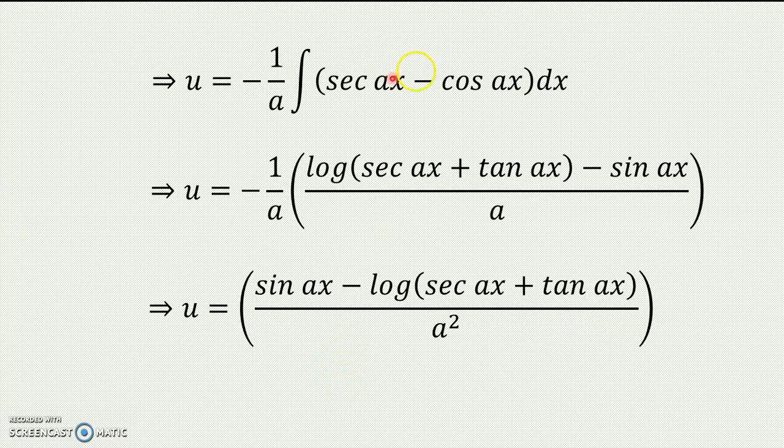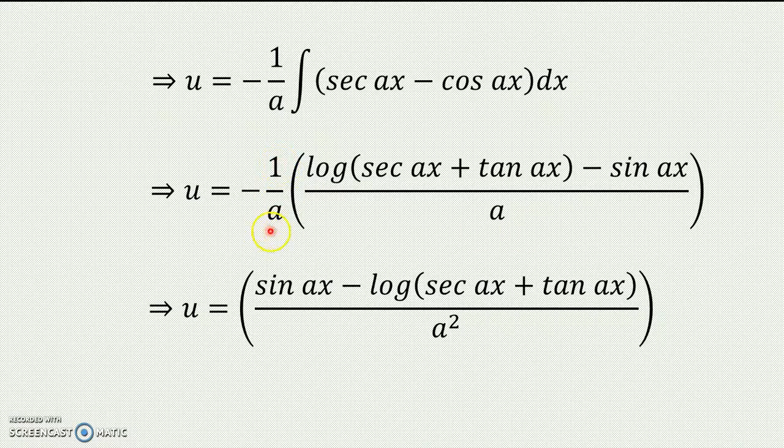But 1 upon cos can be written as sec x minus cos of x, dx. We know that the integration of sec x is log of sec x plus tan x, minus the integration of cos, which is sine of x, divided by this a, which is a constant outside this bracket.